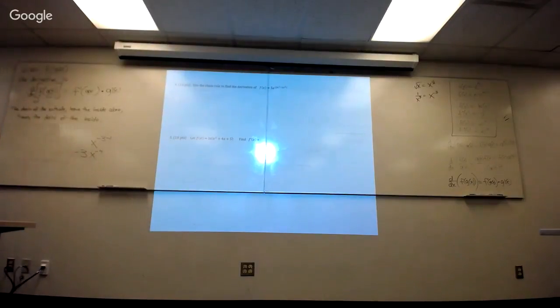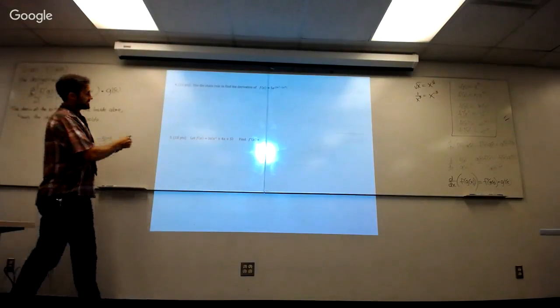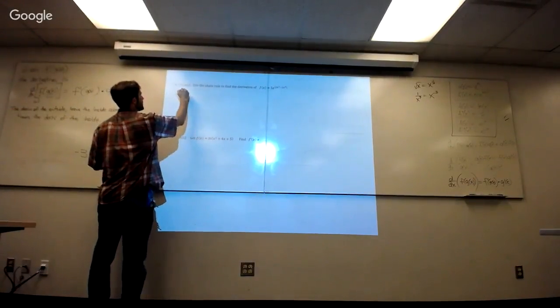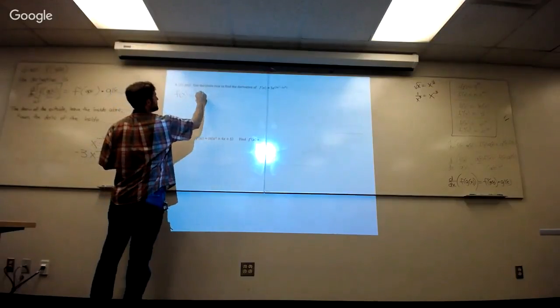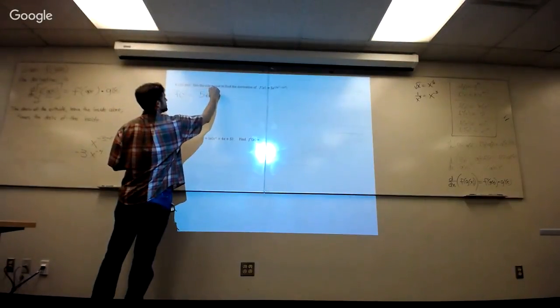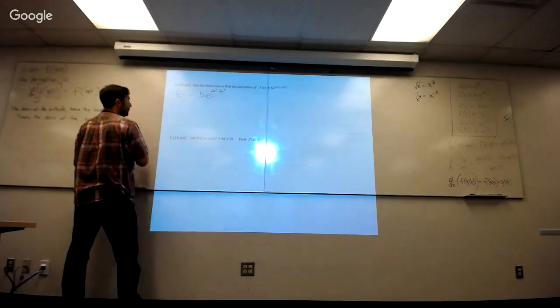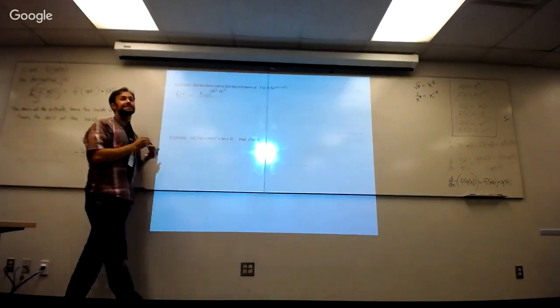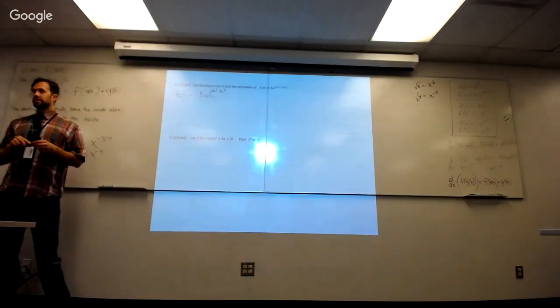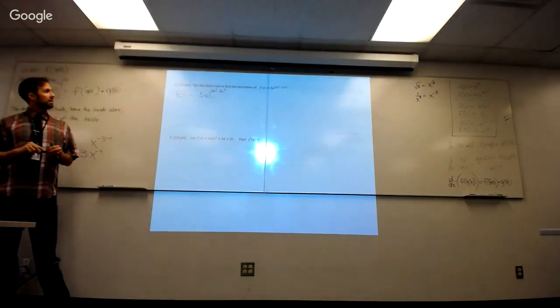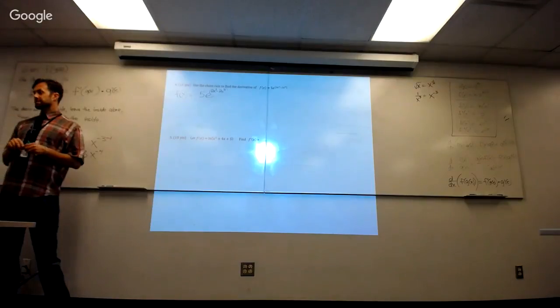All right, let's do the next one then. We want to take the derivative of 5e to the 2x to the 7th minus 2x to the 8th. What part of all that is the inside function? Yeah, the 2x to the 7th minus the 2x to the 8th.